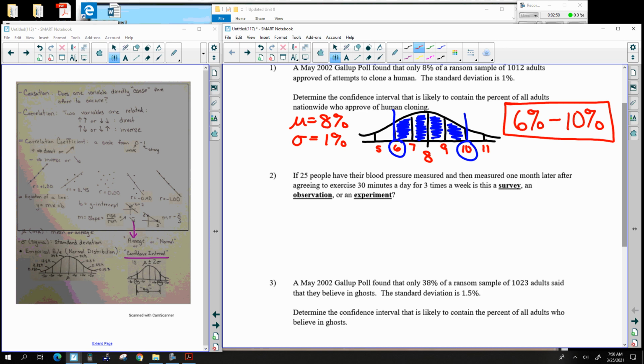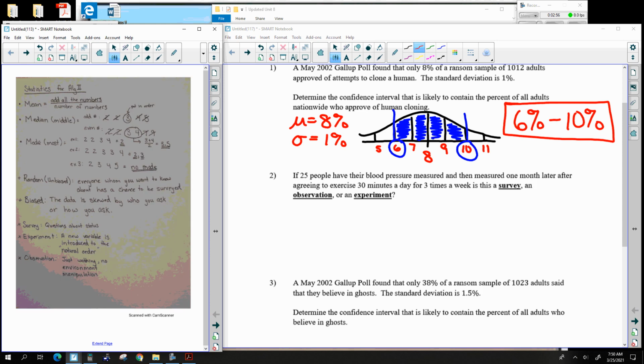Okay, the next one is asking us, would we do a survey, an observation, or an experiment? A survey is questions, an observation is where you just watch, and an experiment is when you introduce something new to nature. So if 25 people have their blood pressure measured and then measured 1 month later after agreeing to exercise 30 minutes a day, 3 times a week, this was introduced.